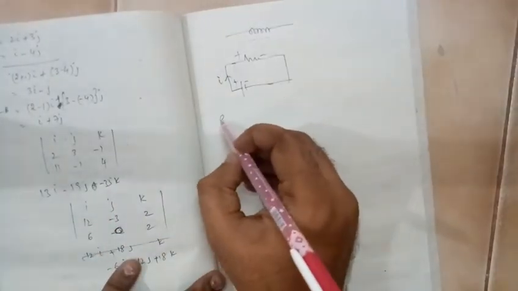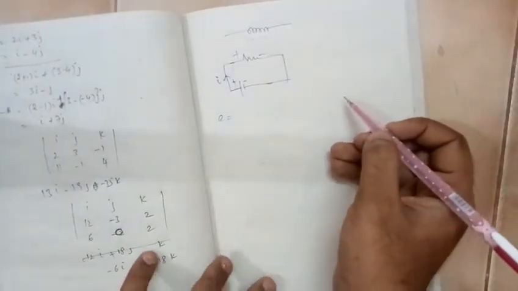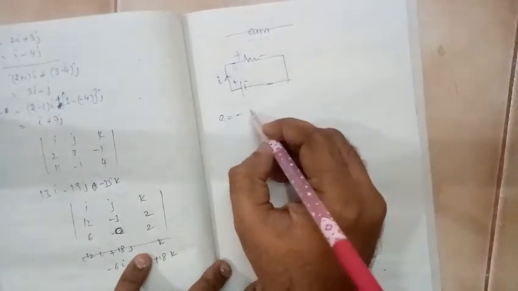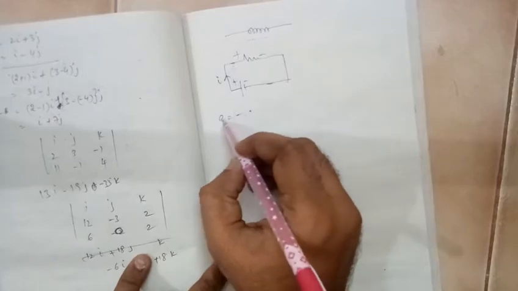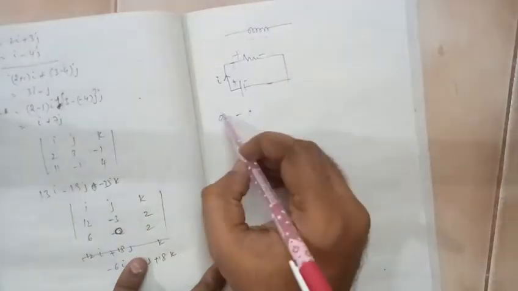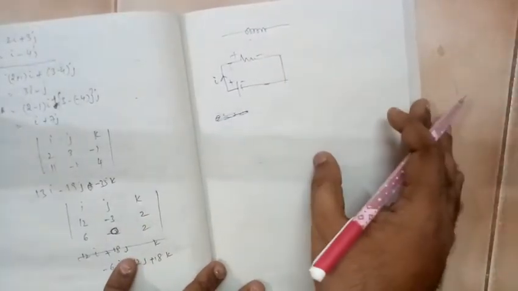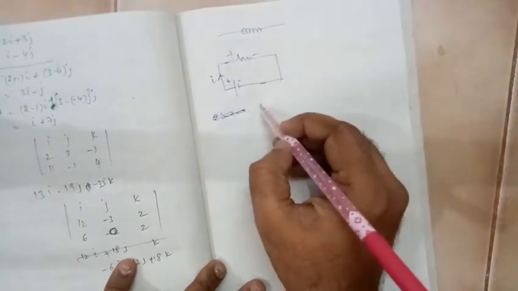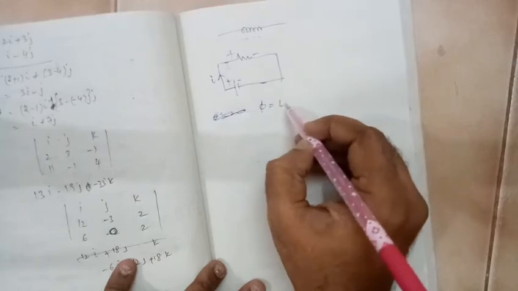Now we have this Lenz's law, E is equal to minus... we have done this phi is equal to Li.